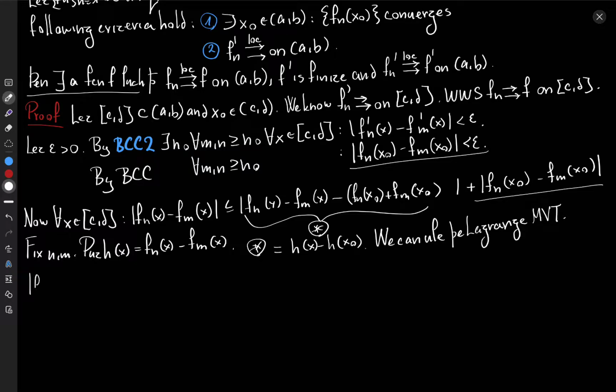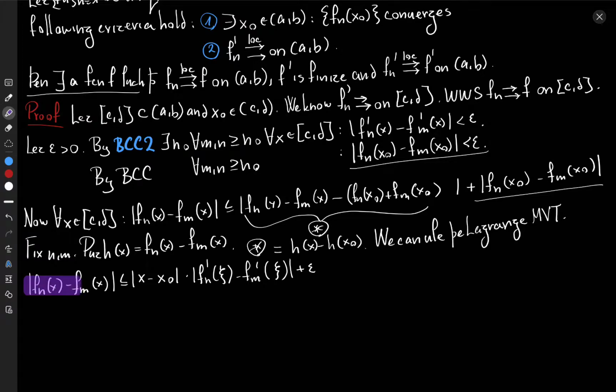So we will get that f_n of x minus f_m of x is smaller or equal to x minus x0 times f_n prime of some xi minus f_m prime of some other xi, plus epsilon. Of course, it's an m here. But whoa, what a dump. Well, how did we get to this? It's quite simple.